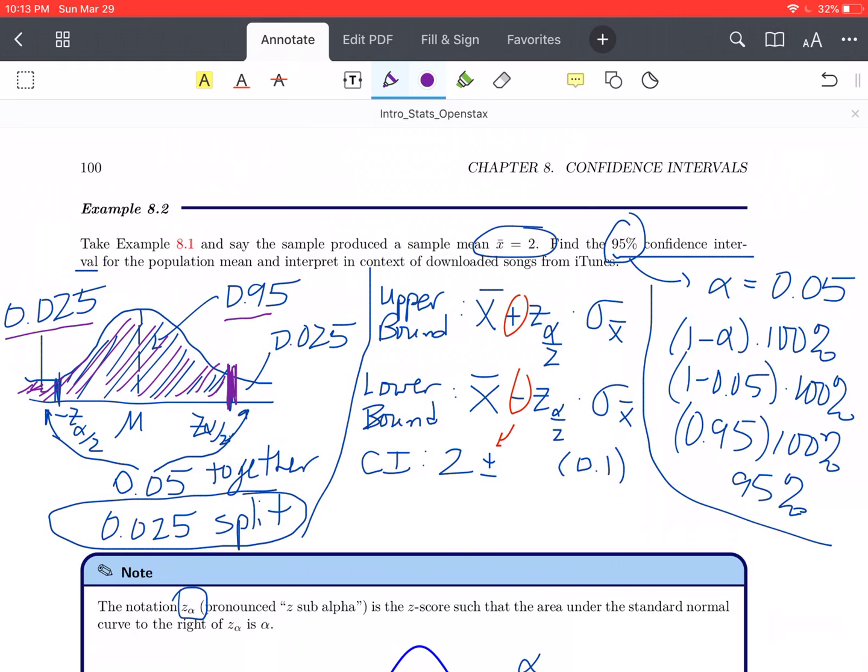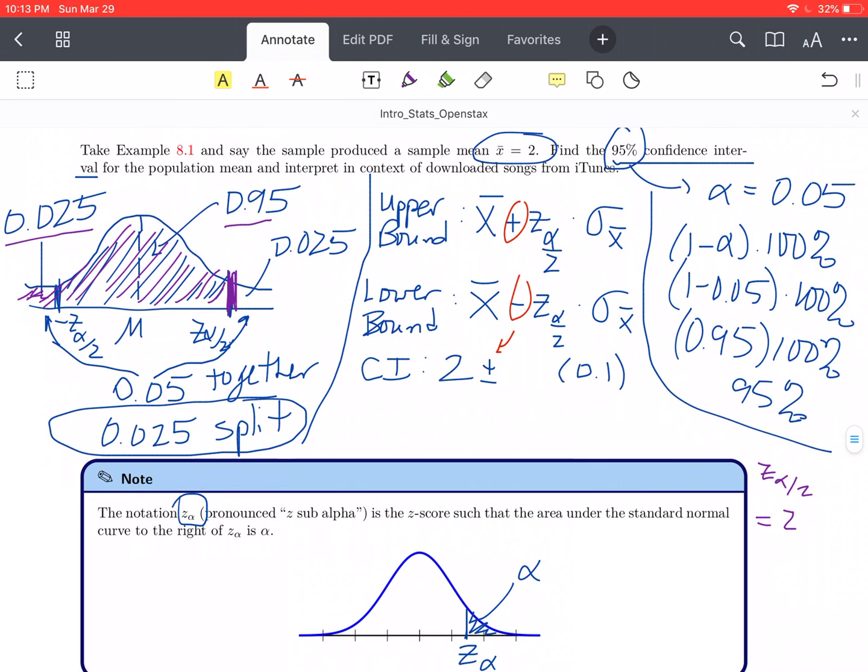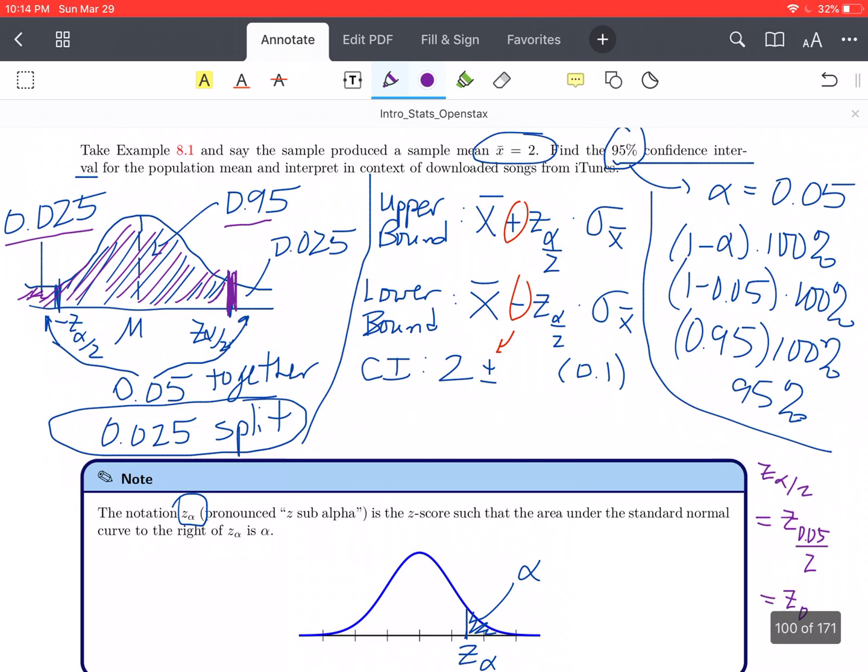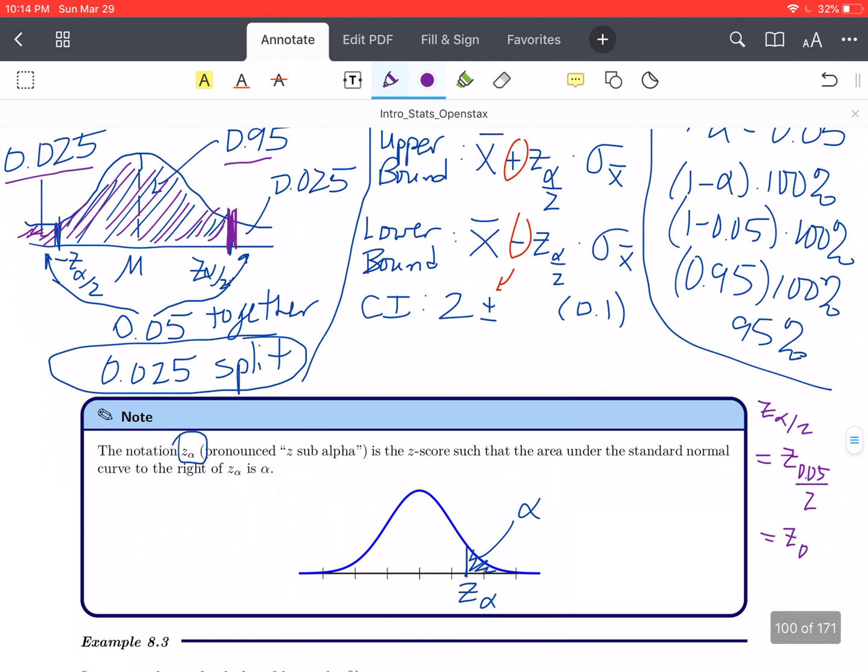So z sub alpha over 2, let's do this down here, alpha was 0.05 over 2, so z sub 0.025.